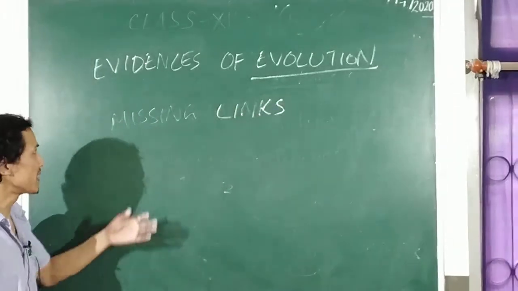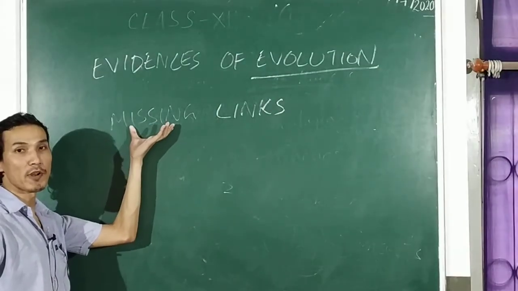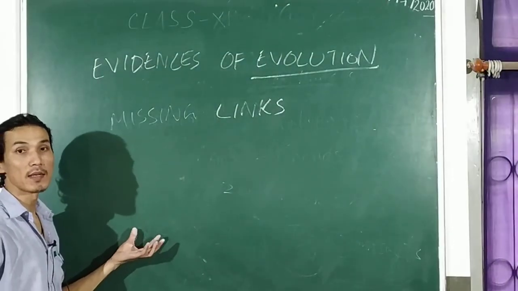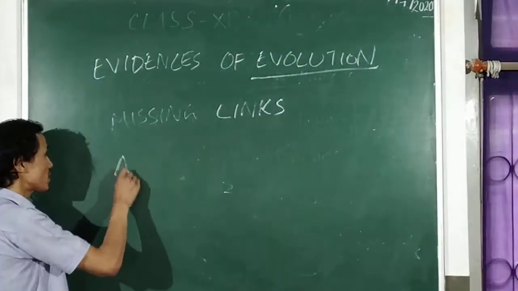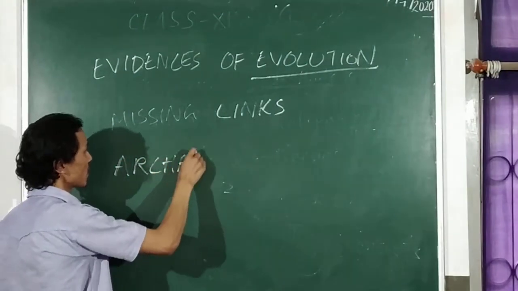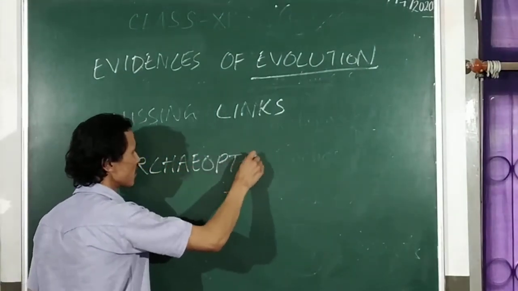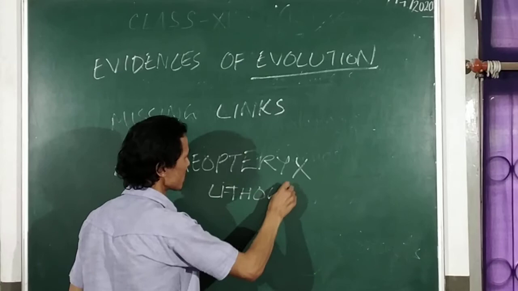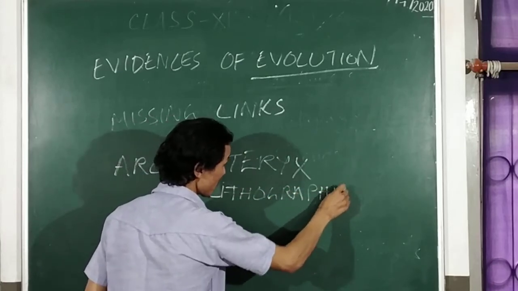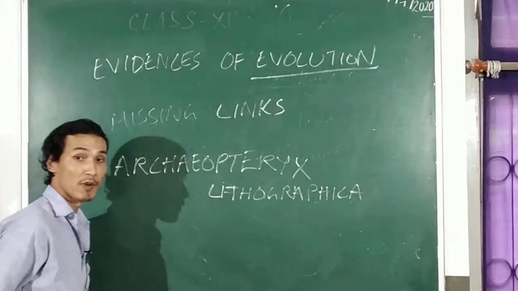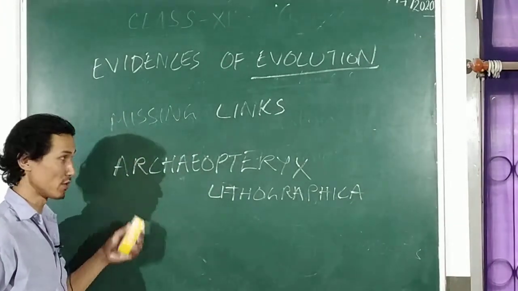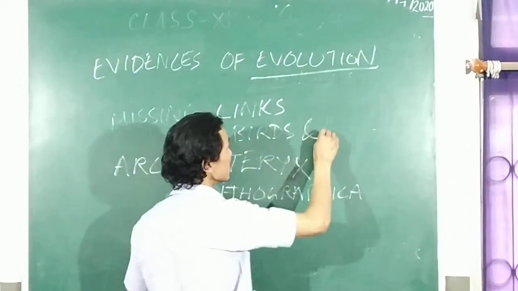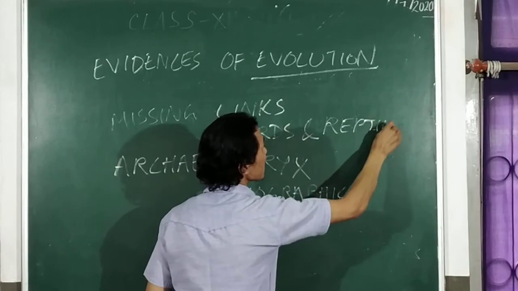Missing links. Missing links are fossils of organisms which provide connecting links between two different types of animals. The most famous example is Archaeopteryx lithographica. Basically, this organism is a connecting link between birds and reptiles.